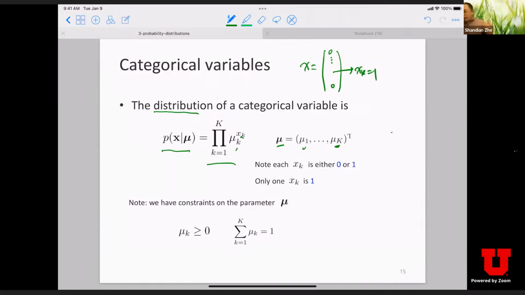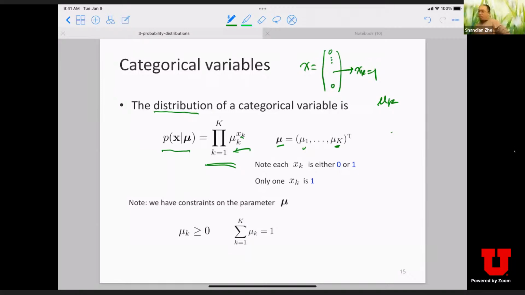So that means if I write down this probability, it will be just mu k, the corresponding probability. So if we write it in this way, we kind of unify whatever cases you choose. It can represent the probability you take category 1, 2, 3, 4, and so on.